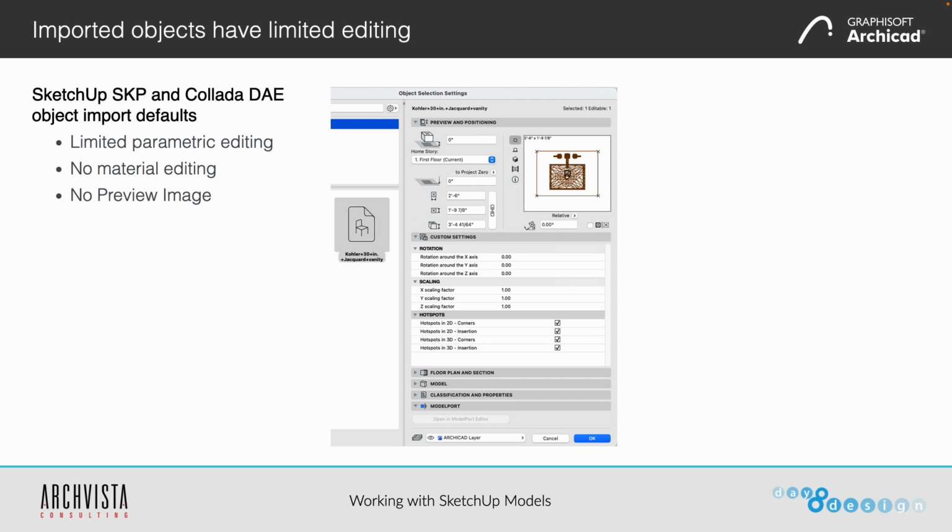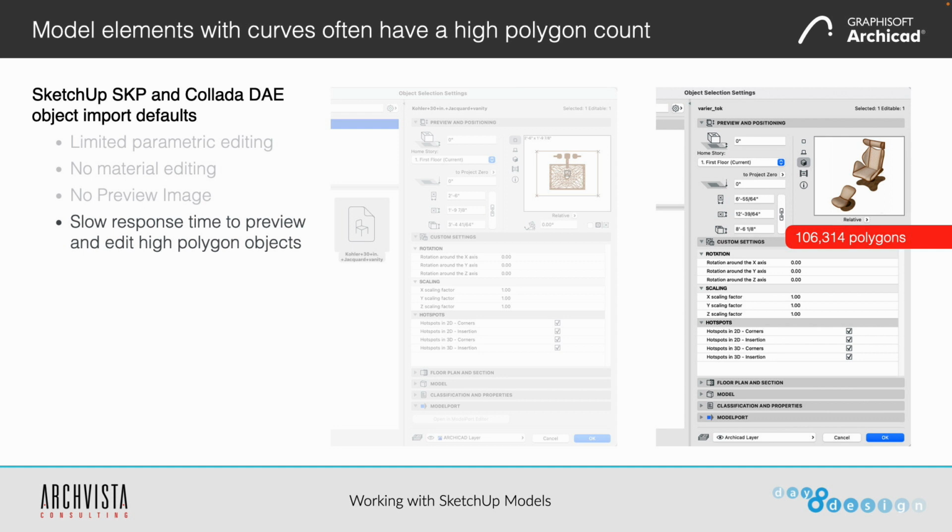When you import either of these formats, you're going to have limited parametric editing, no material editing, and no preview image. The other problem that quite often is the case is that if you have any sort of object like this chair that has curves to it, that will also create problems, because those curves in ArchiCAD are created by polygons.